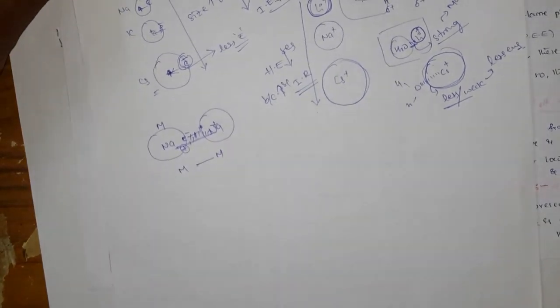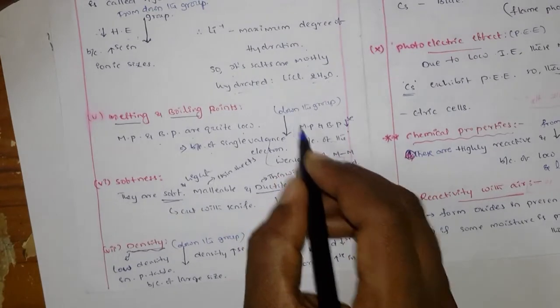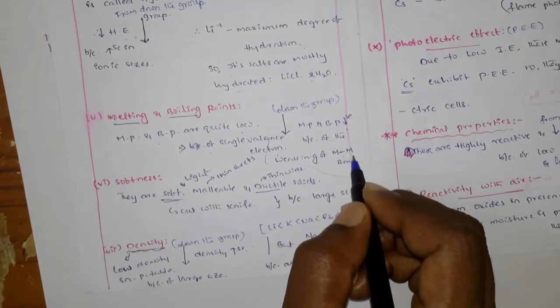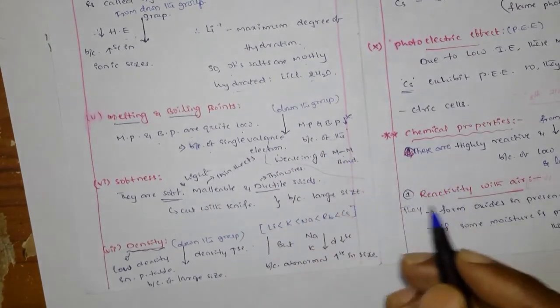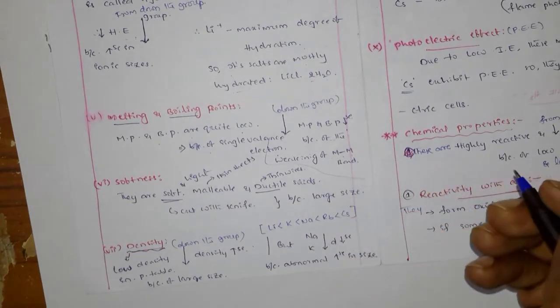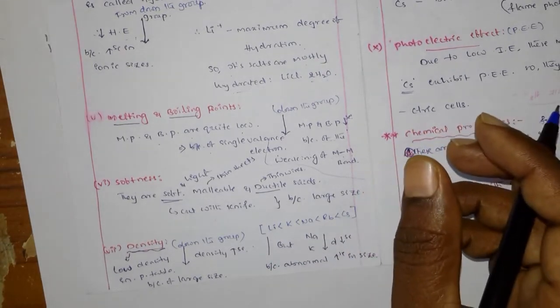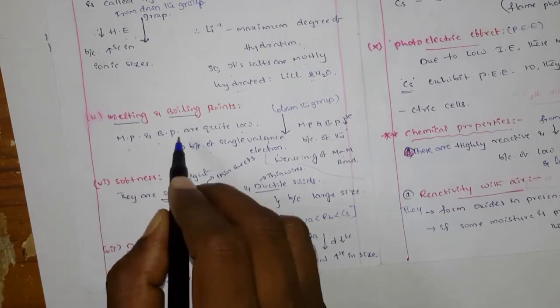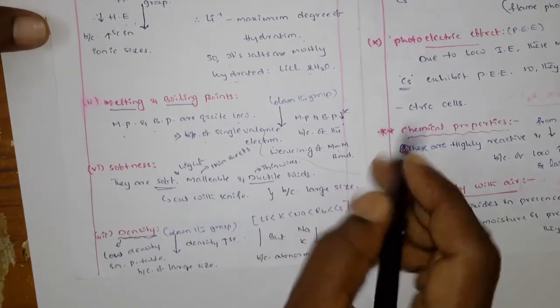Of course you are not at a level to understand this, but the thing is that from top to bottom the metal-metal bond becomes weaker. So when they are weaker, obviously you can cleave them very easily, so the melting points and boiling points decrease down the group.